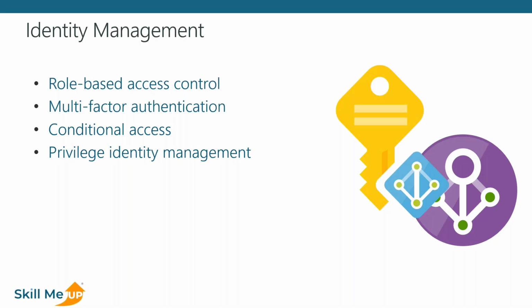We'll talk a little bit in a couple slides around conditional access, and this is another way to create an additional layer of protection, particularly for users that are accessing information from different networks outside of your organizational network.